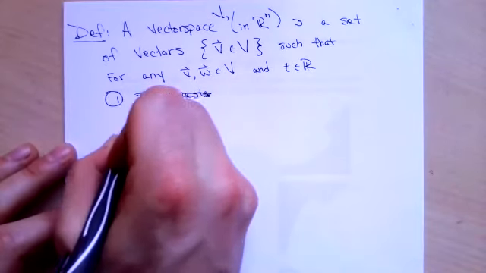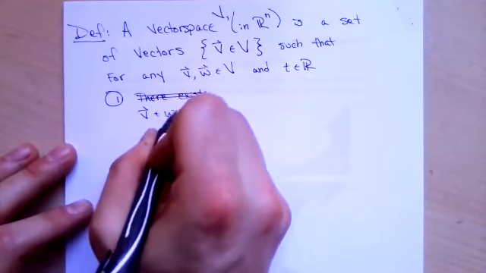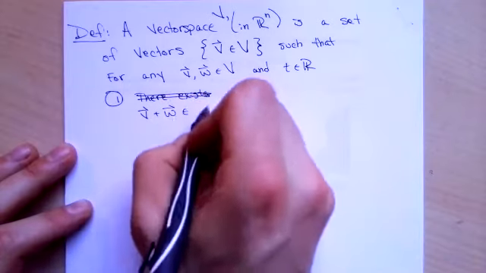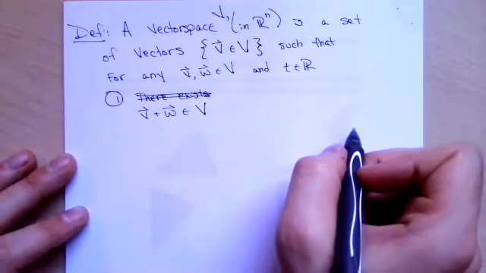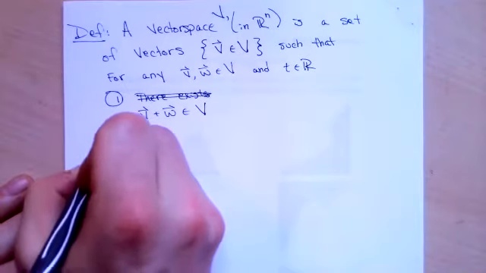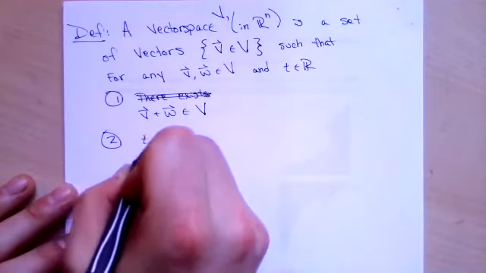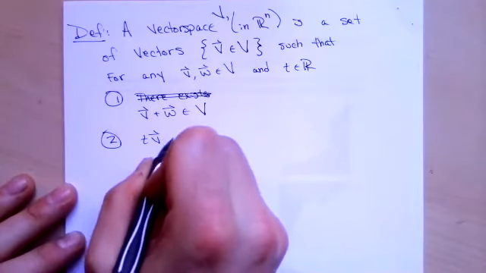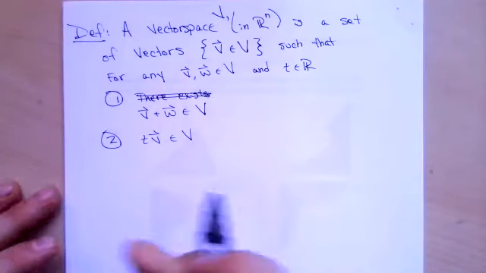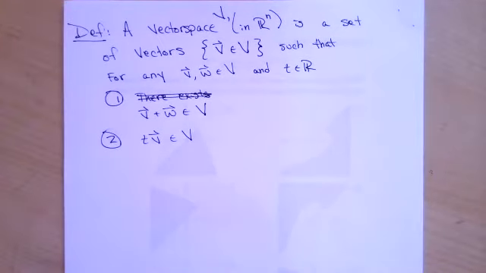So one, v plus w is always an element of V. And t times v is also an element of V. In other words, whatever set of vectors we want to define, I should always be able to add any two vectors in my vector space and still get a vector within that vector space. And we should be able to scalar multiply any of the vectors.